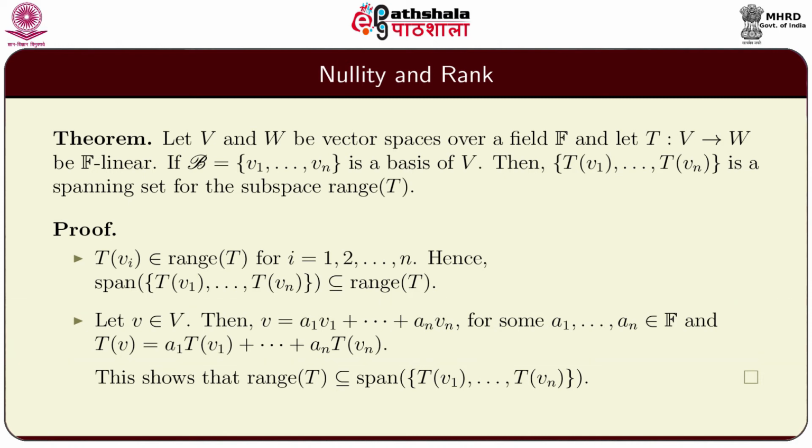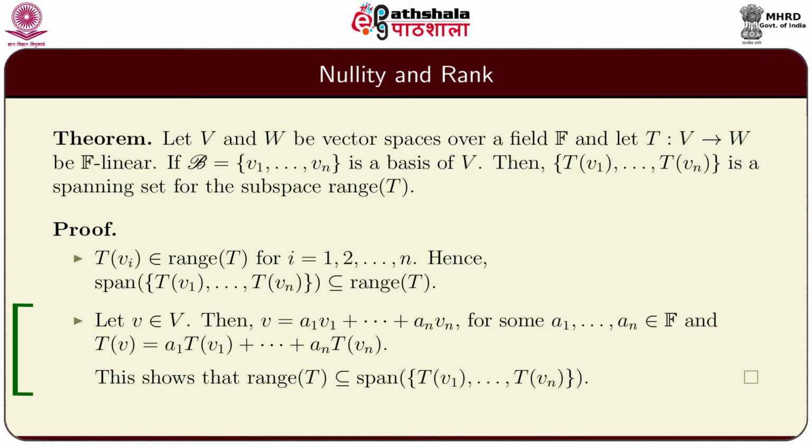Then it can be written as a linear combination of v1, v2, ..., vn, because v1, v2, ..., vn form a basis for the vector space V. So v is equal to a1 v1 plus dot dot dot plus an vn for some scalars a1, a2, ..., an in F, and therefore T of v is equal to a1 T v1 plus dot dot dot plus an T vn.